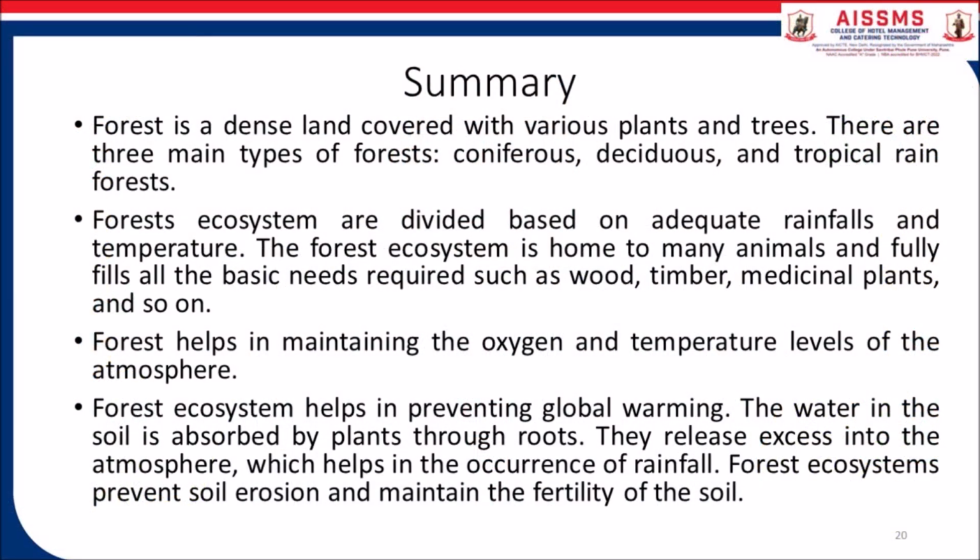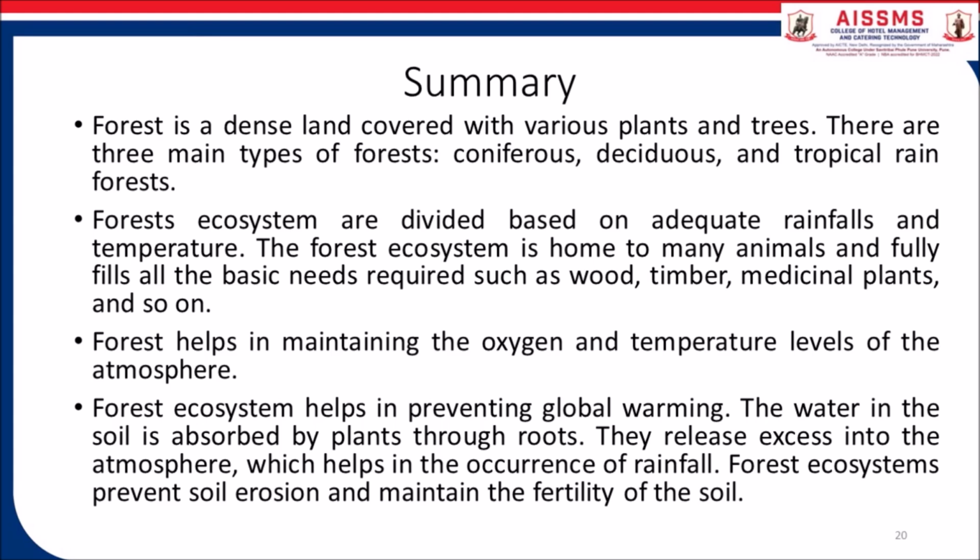Let us summarize this topic. In simple layman's terms, forest is a dense land covered with various plants and trees. There are three main types of forest, which are coniferous, deciduous and tropical rainforest. Forest ecosystems are divided based on the adequate rainfall they receive and the temperature they possess.